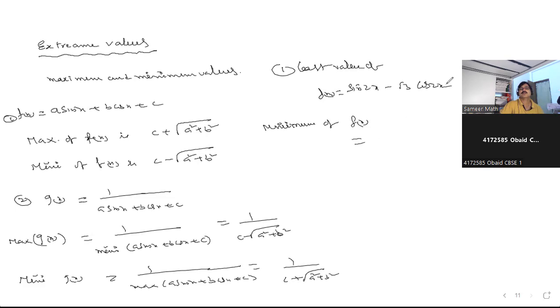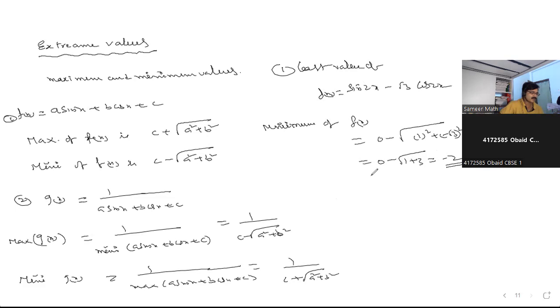So what is the formula? C is not there, so 0 minus under root of, what is the coefficient of this? 1 square plus minus root 3 whole square. So what you are getting is 0 minus root of 1 plus 3, so minus 2 is the answer. Like this, we are going to find the answer for the question.